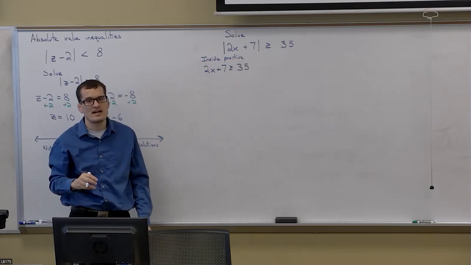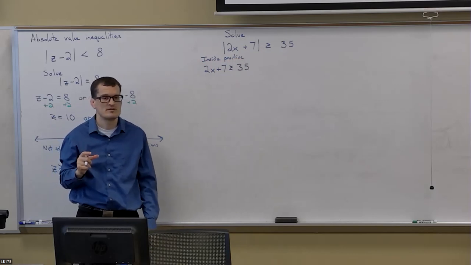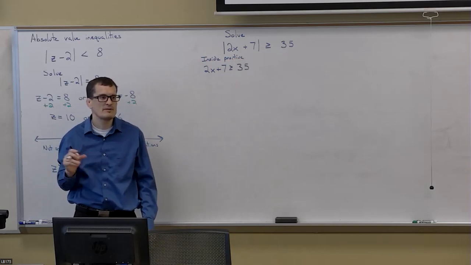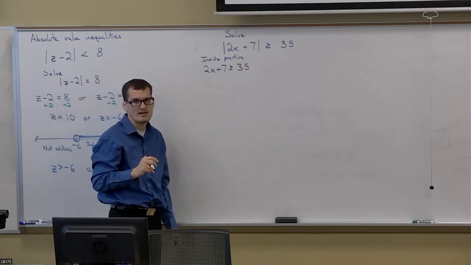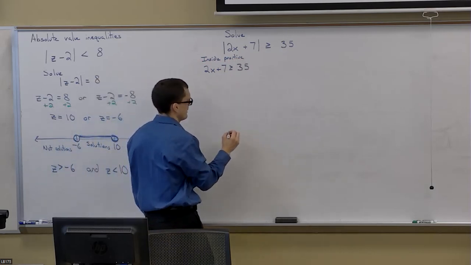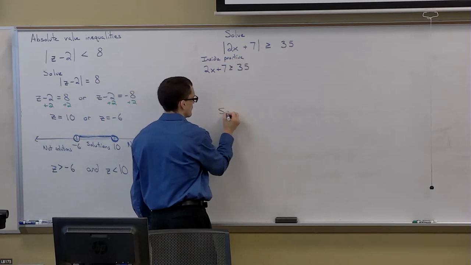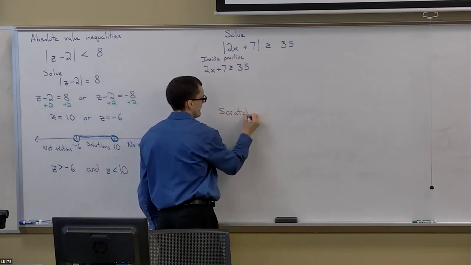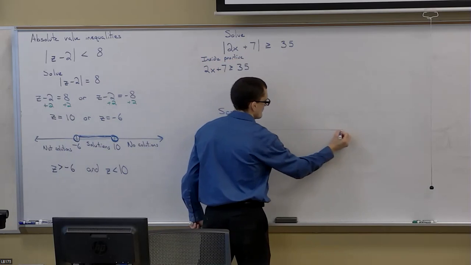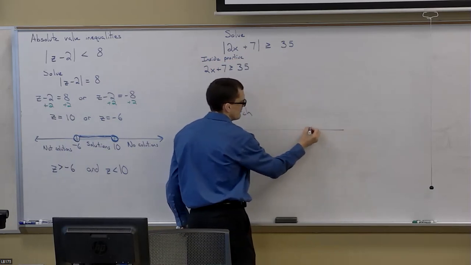Now, what if the inside were negative? This might be a hard concept, but I'll erase this in a moment. So this is kind of off to the side scratch work. Let's say we had a negative value.